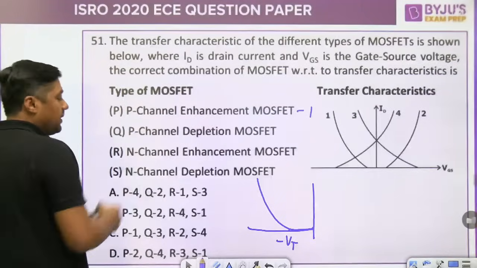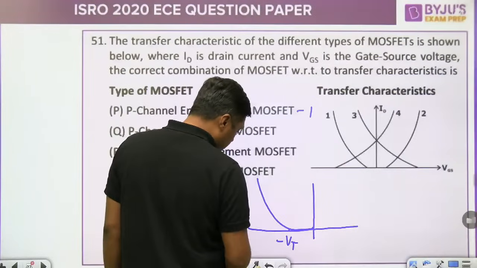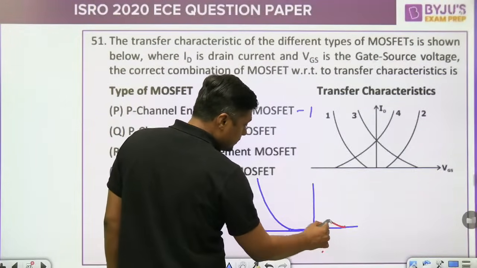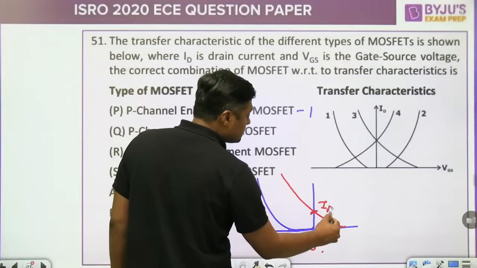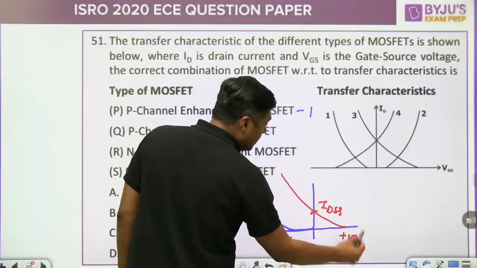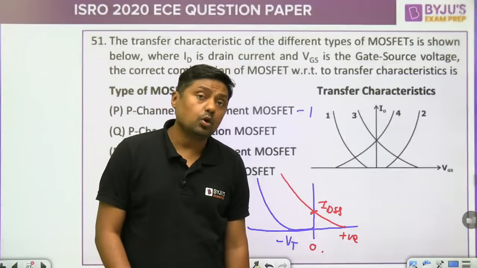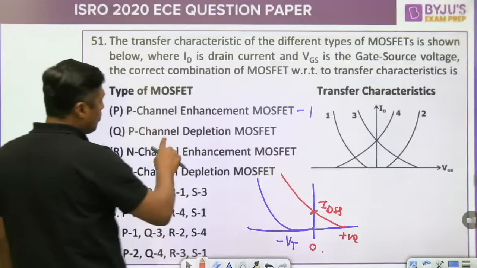For P channel depletion MOSFET, always remember the characteristics will start from this point, and exactly at 0 voltage it will become IDSS, and for some positive value this MOSFET will go into what? Cutoff. This is called depletion type MOSFET. Again, it is a P channel, the 1 and 3.